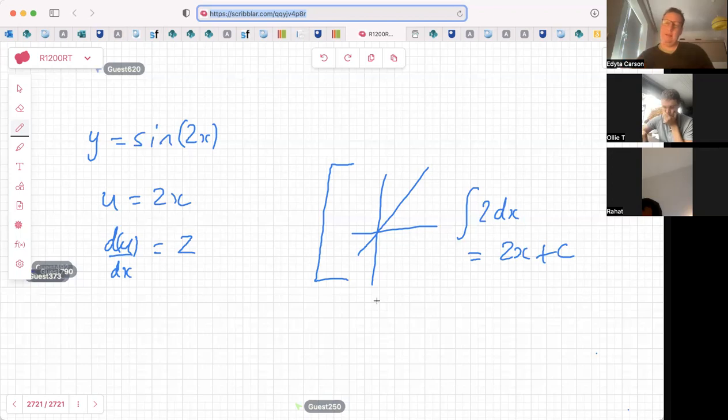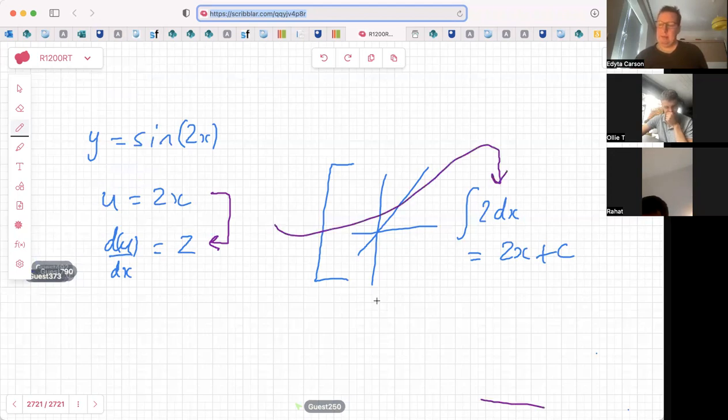But anyway, that's not really the point, because what integration does is it returns a gradient back to the original. So if I differentiate 2x to get 2, now I'm going to return that 2 back to 2x by integrating it. So it goes back to 2x again, right? That's all I asked you.